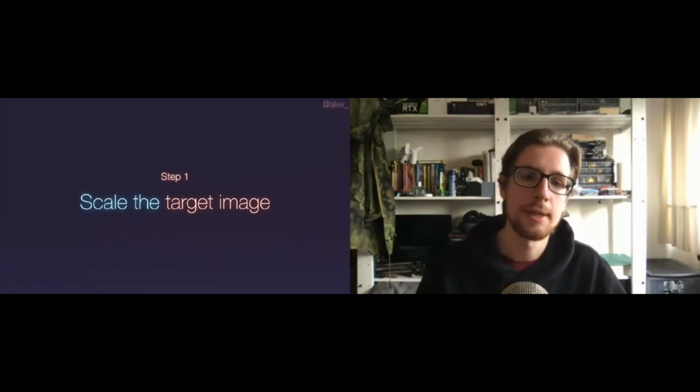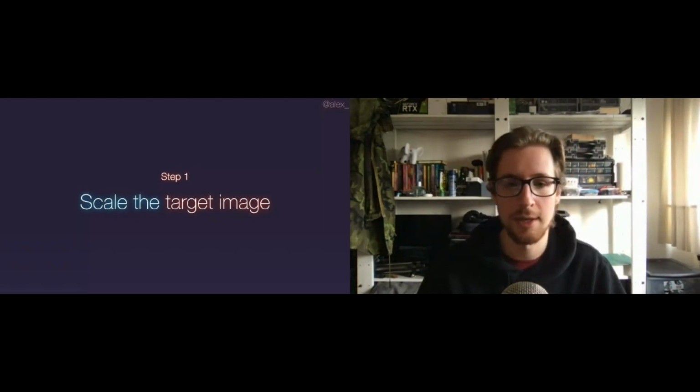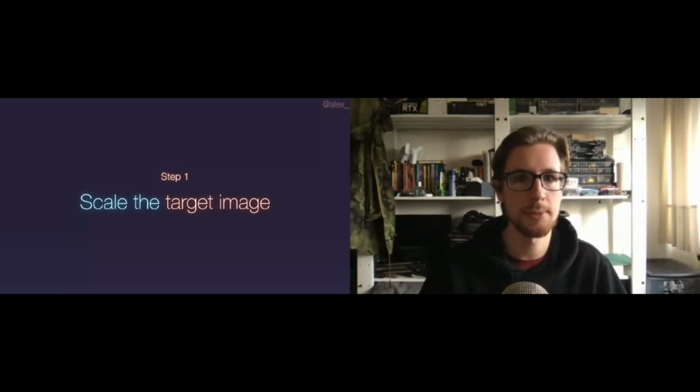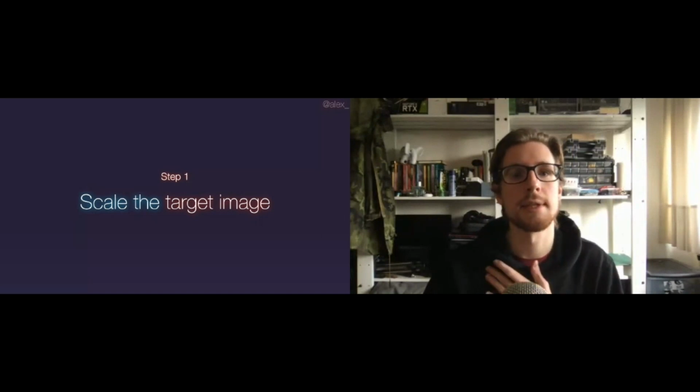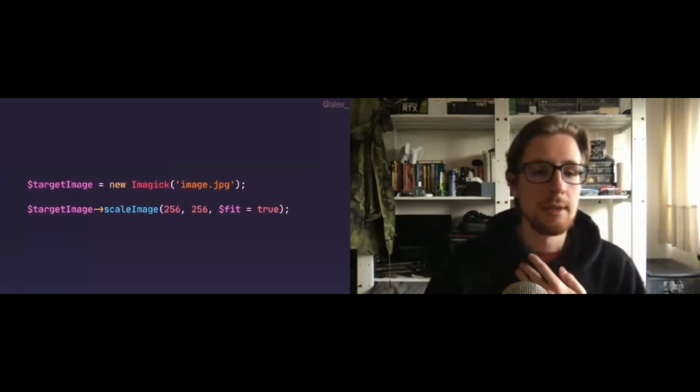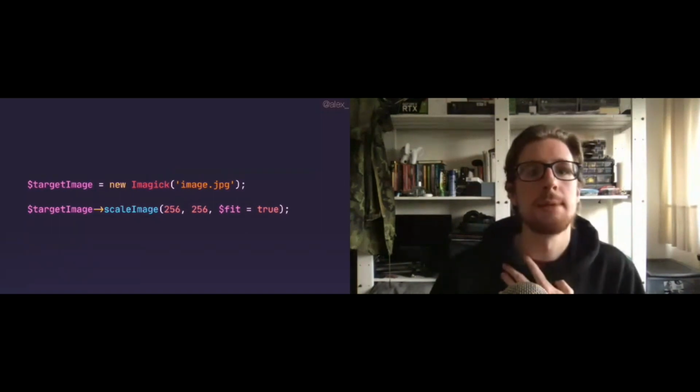Without going through the entire code base, because that would be pretty intense for a lunch session, let's look at some key points. More specifically, let's look at the steps we took in our algorithm and look at how they look in PHP. We'll start with an easy one, scaling the target image. These are really the Imagick basics.